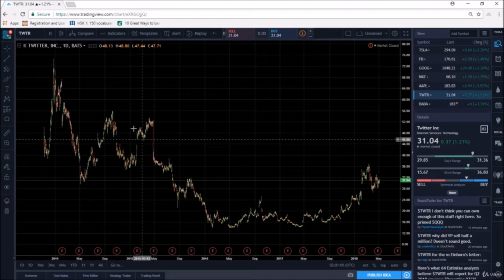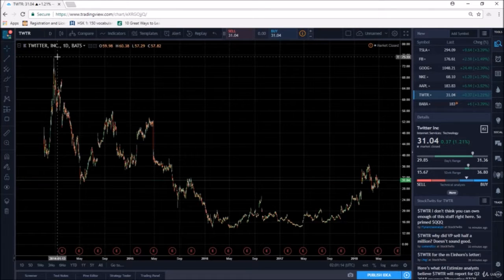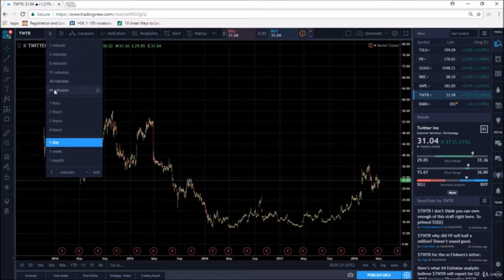This is the daily chart of Twitter. This is quite common, when you open a chart, it will appear as a daily chart. Then if you see this kind of movement, you want to switch to a bigger time frame so that there will be a clear movement of the price trend line.